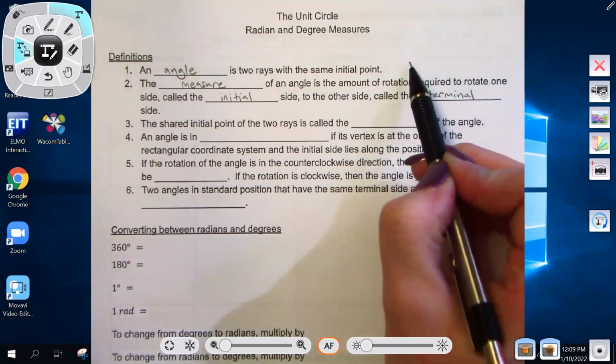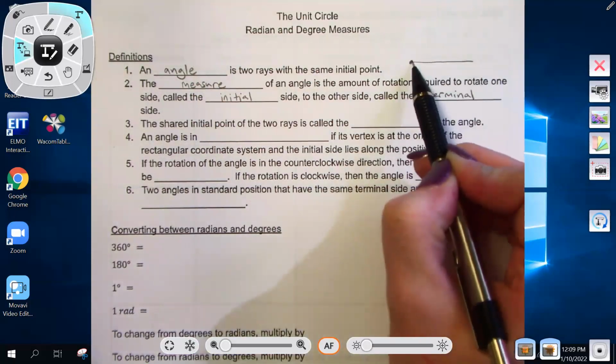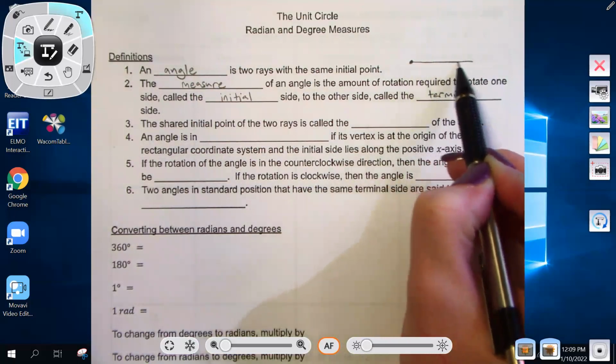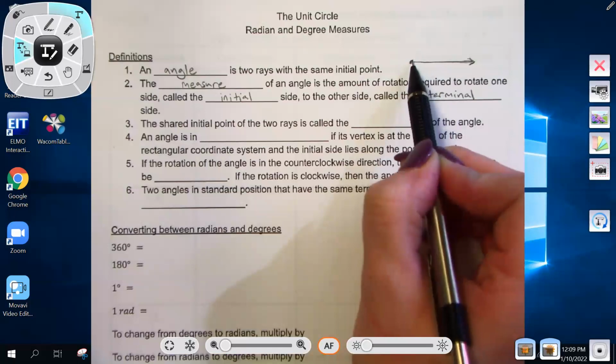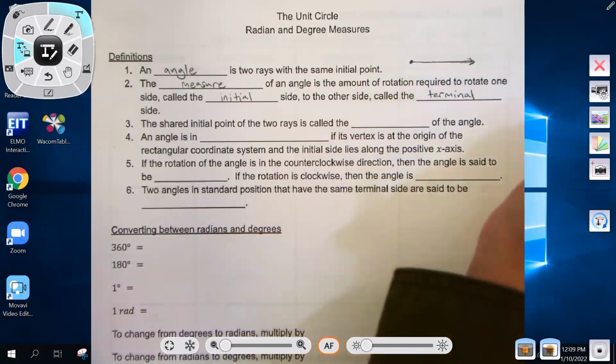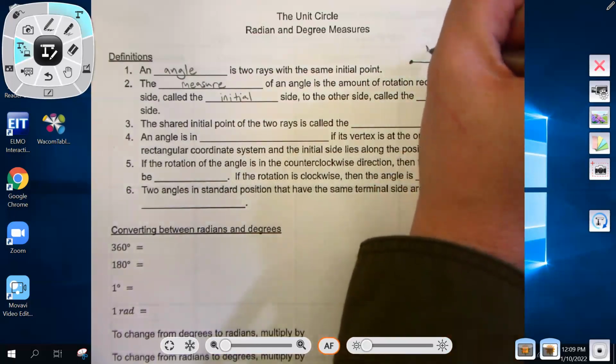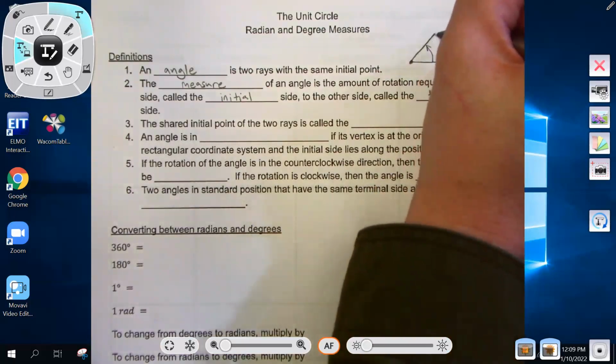So just to put a little bit of context, if this is one side of our angle, the initial side, the angle measure comes from the amount of rotation to the terminal side.